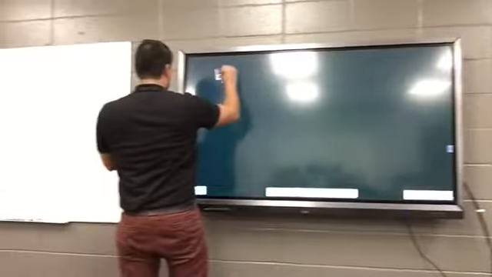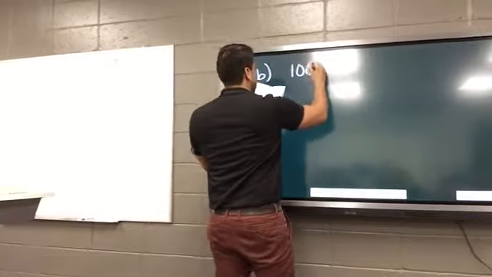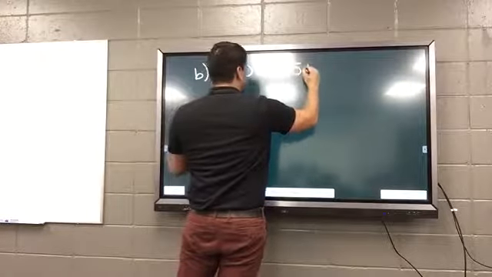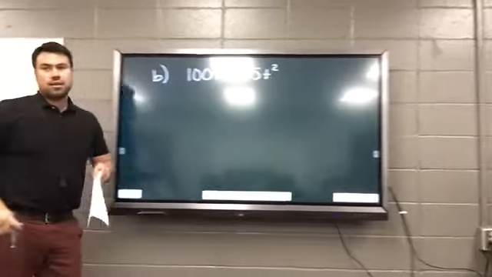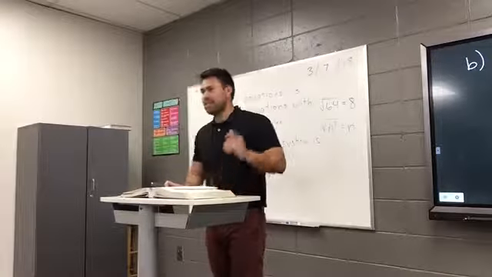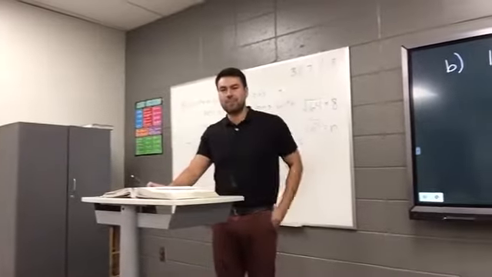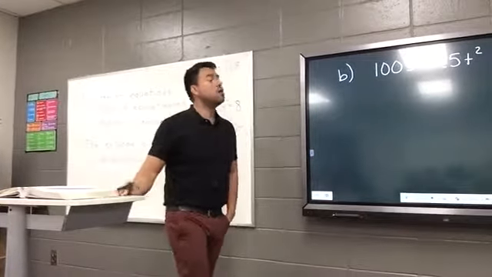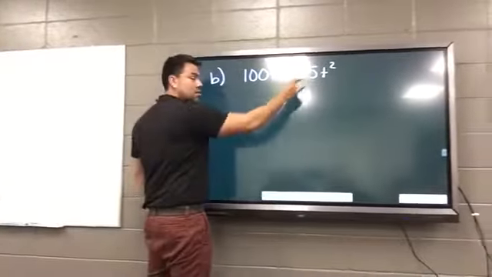B: 100s squared minus 25t squared. First question I must ask: does it have a GCF that is not 1? Doesn't 25 fit into both of these?